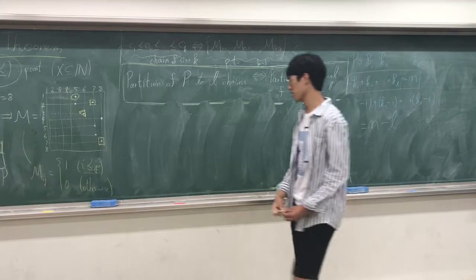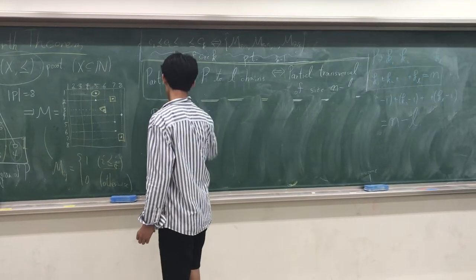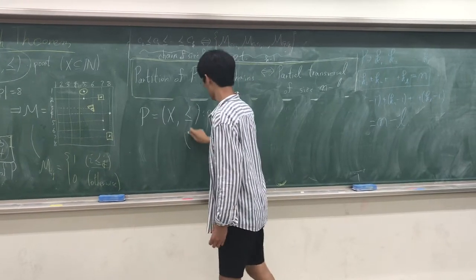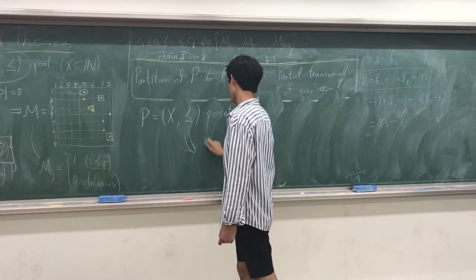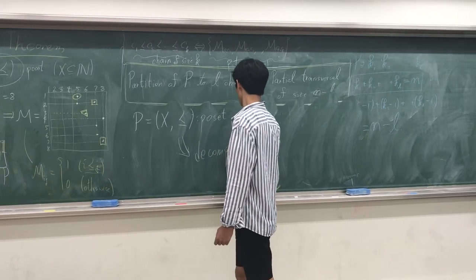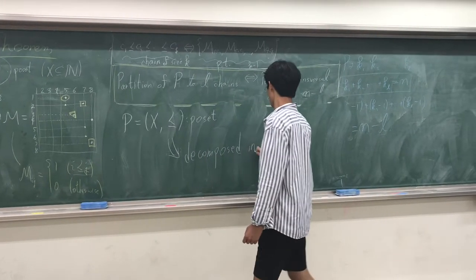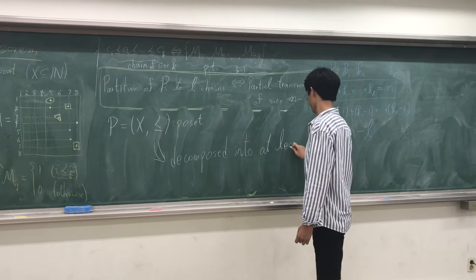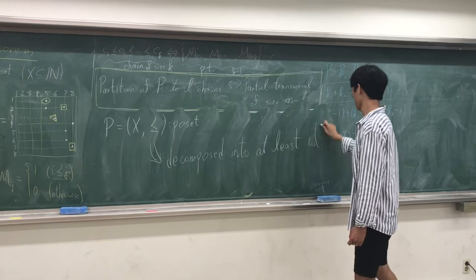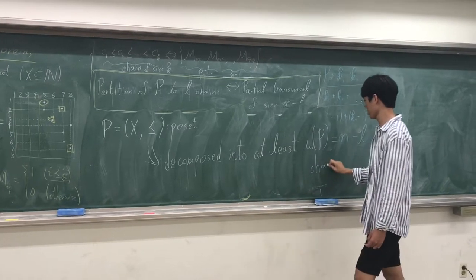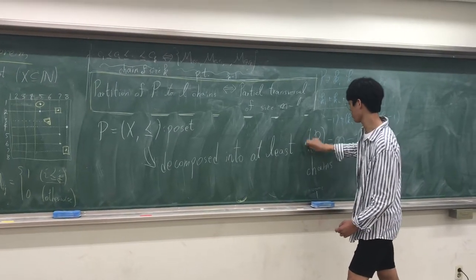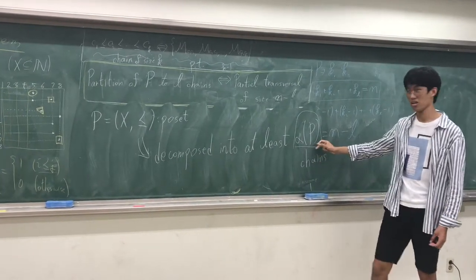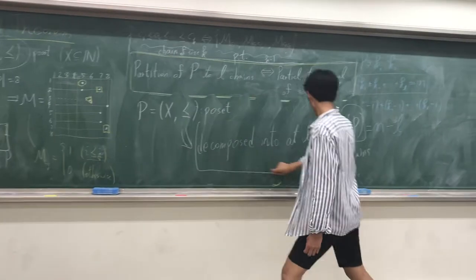The Dilworth theorem states that a partially ordered set P can be decomposed into at least alpha(P) chains, where alpha(P) is the maximum size of an anti-chain of P. This is called the Dilworth theorem.